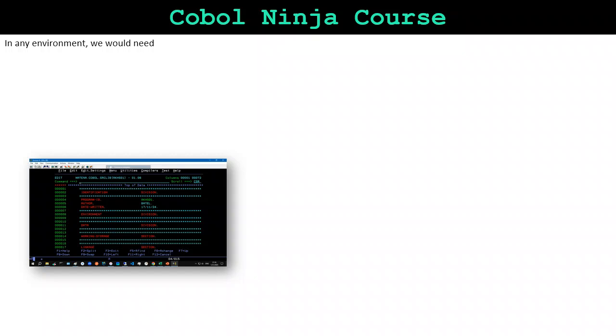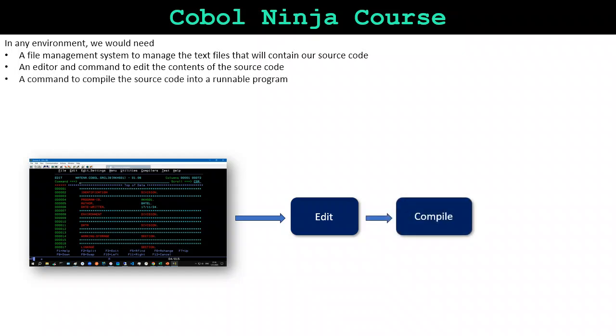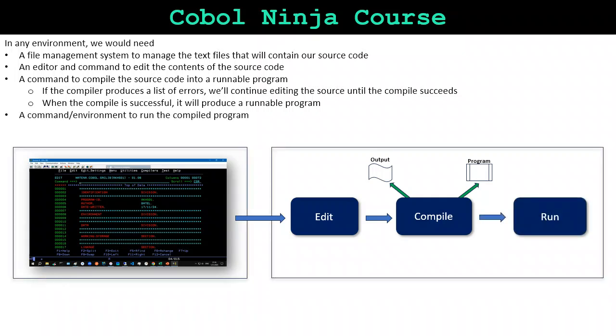In any environment, we would need a file management system to manage the text files that will contain our source code, an editor and command to edit the contents of the source code, and a command to compile the source code into a runnable program. If the compile produces a list of errors, we'll continue editing the source until the compile succeeds. When the compile is successful, it will produce a runnable program. Therefore, we'll need a command or environment to run the compiled program.